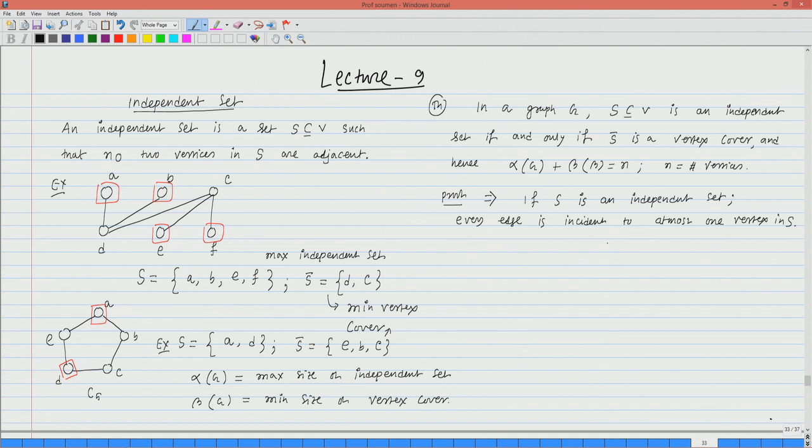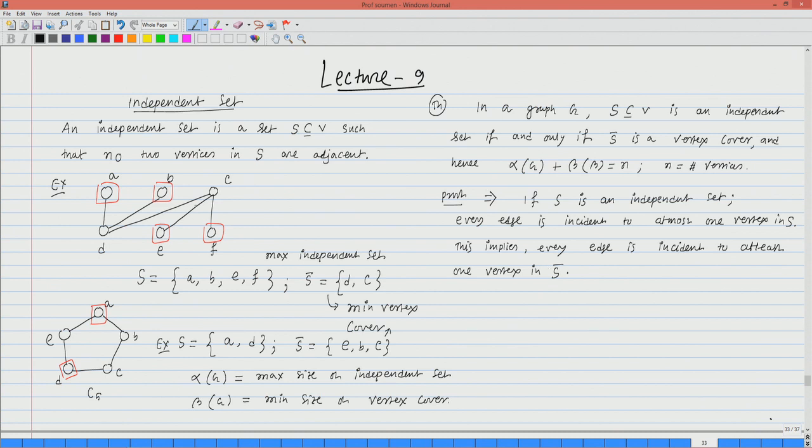So, this implies that every edge is incident to at least one vertex in S complement.